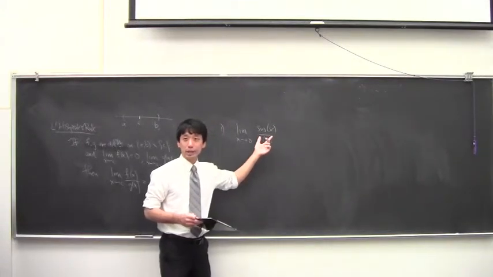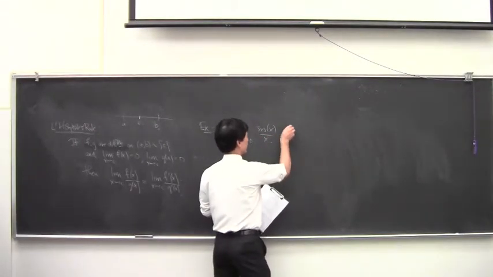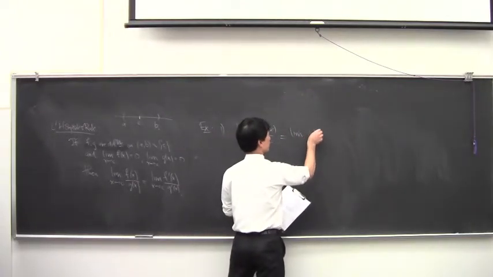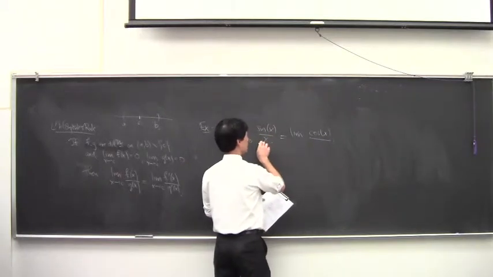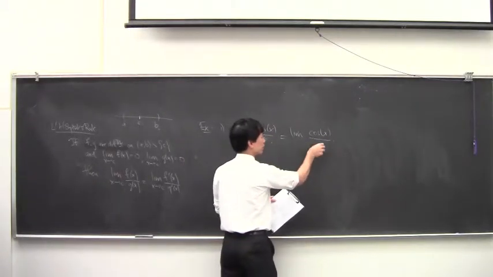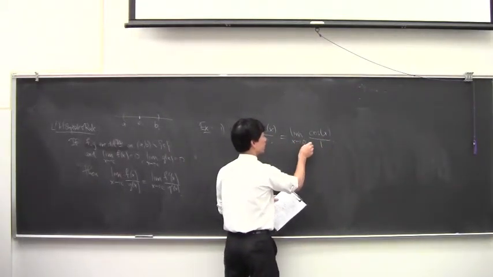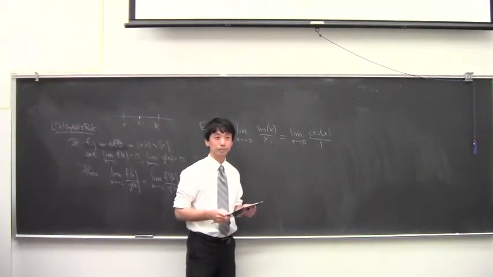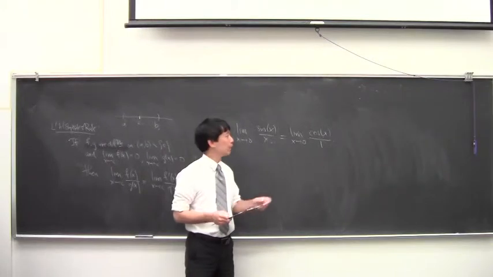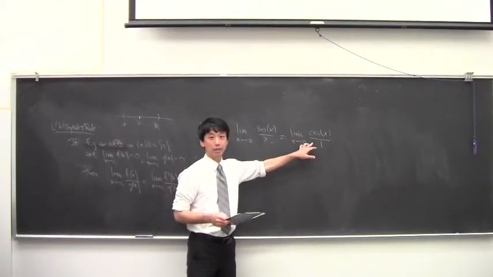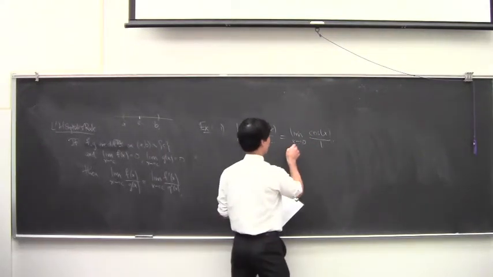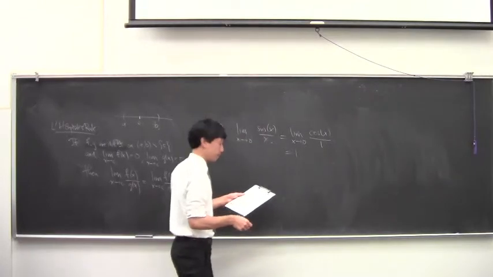L'Hopital's rule says this limit is going to be the same thing as the limit of the derivative of the sine, that's cosine, over the derivative of x. Well, the derivative of x is 1. And so what do you get? The limit of cosine as x goes to 0. What's that? 1, right? You get 1.